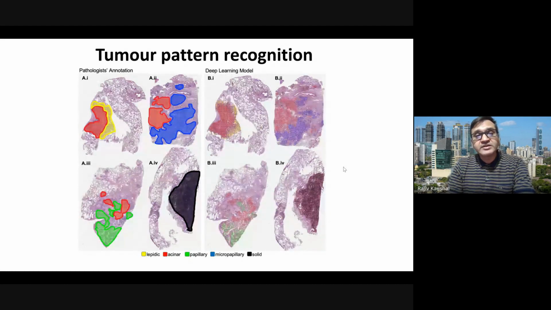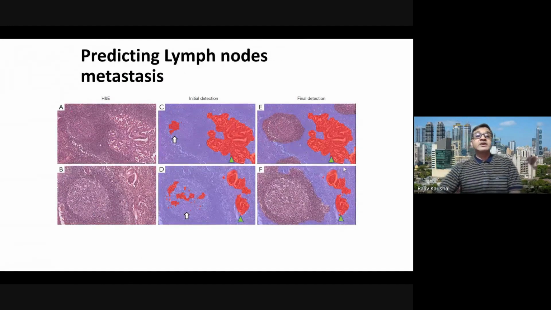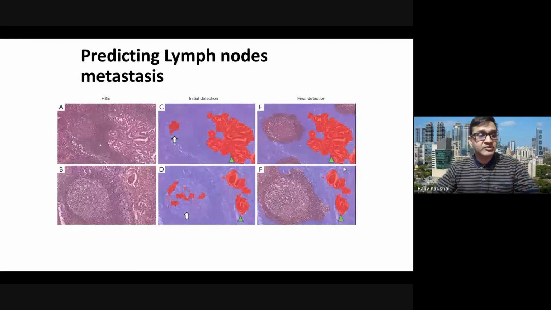Once the training is done by the pathologist, which is where your initial role comes in, and the model is trained well, your role becomes only to verify the results offered by these models. Another application is the prediction of lymph node metastasis, where some of these models are working quite well.